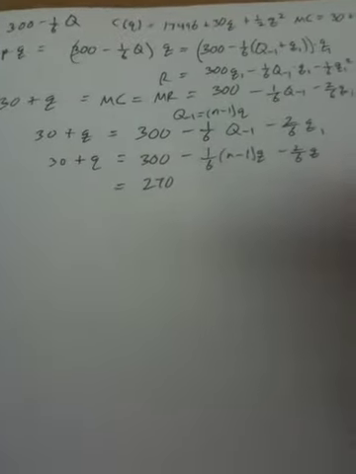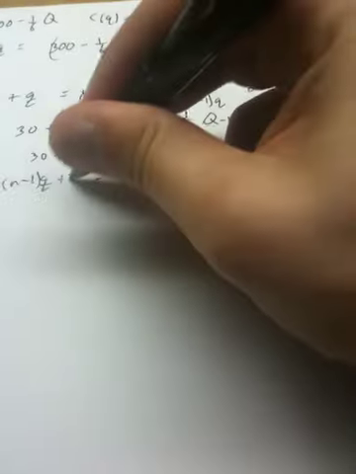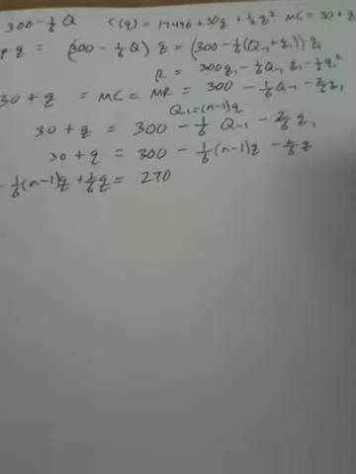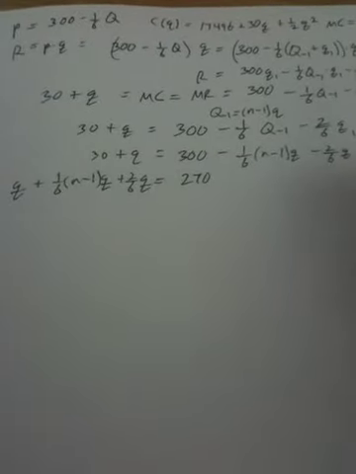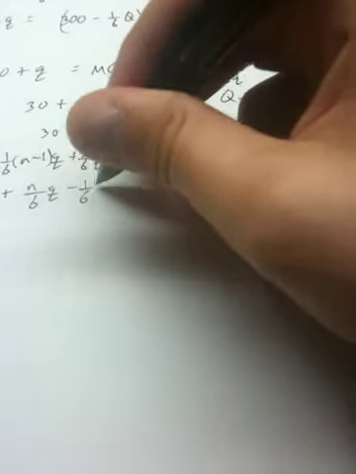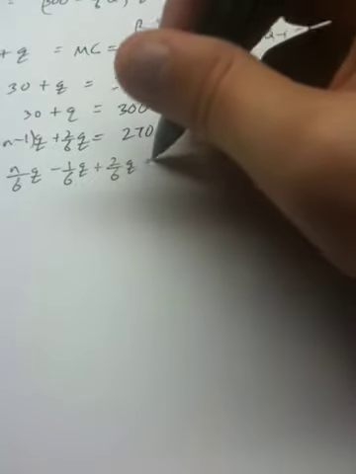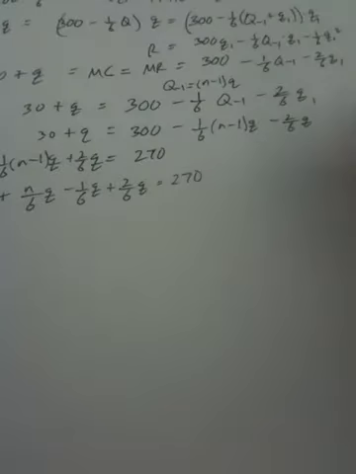Collect all the q's to the left. So we've got q plus 1/6 (n minus 1)q, and then plus 2/6 q. Do our best to simplify that. We've got 6/6 q plus n over 6 q minus 1/6 q, and then plus 2/6 q equals 270.